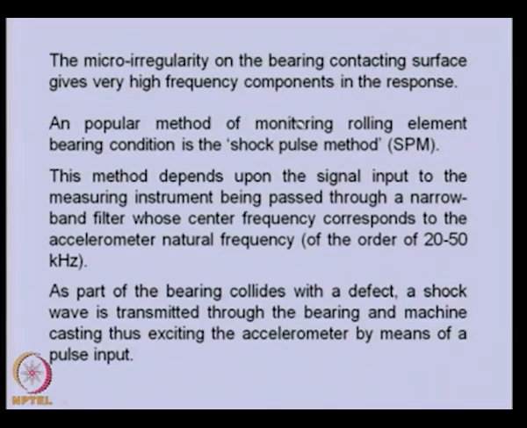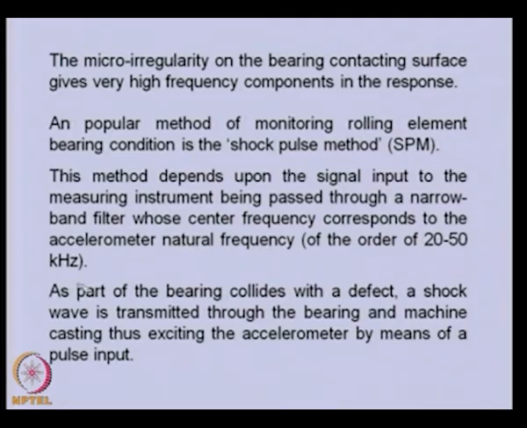A popular method of monitoring rolling element bearing condition is the shock impulse method. The basic principle is that the signal input to the measuring instrument, like an accelerometer, is passed through a narrow band filter whose central frequency corresponds to the accelerometer natural frequency.